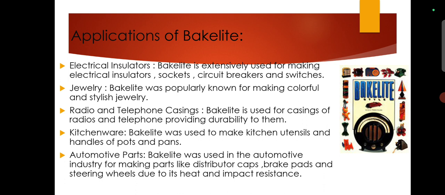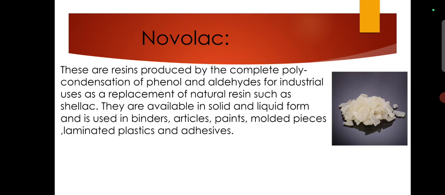Bakelite is used for casings of radios and telephones, providing durability to them. It was used to make kitchen utensils and handles of pots and pans. It was also used in the automotive industry for making parts like distributor caps, brake pads, and steering wheels due to its heat and impact resistance.